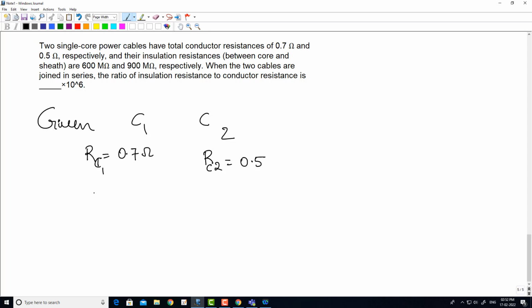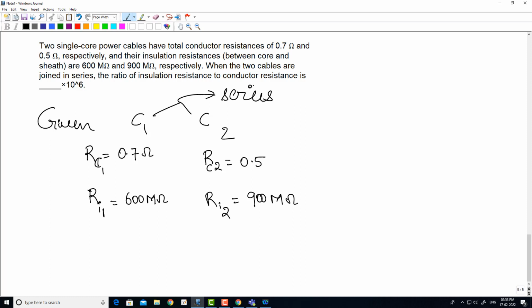And also it is given that the insulation resistance between the core and the sheath, that is Ri1, is equal to 600 mega ohms and Ri2 is equal to 900 mega ohms. And also it is given that these two cables are connected in series. Series connection means the same current will flow through the conductor.